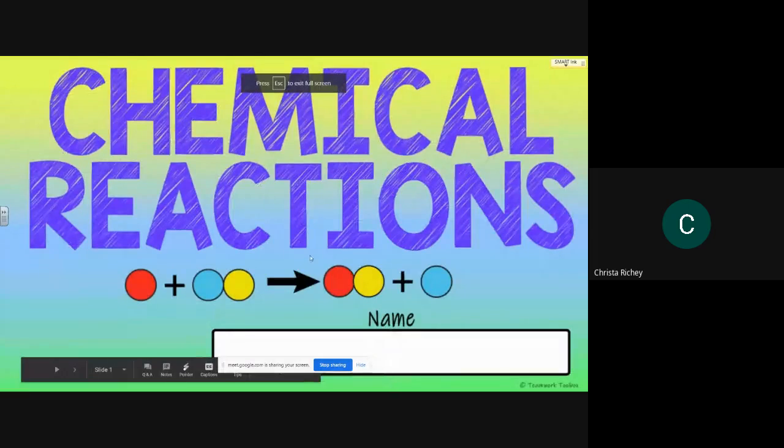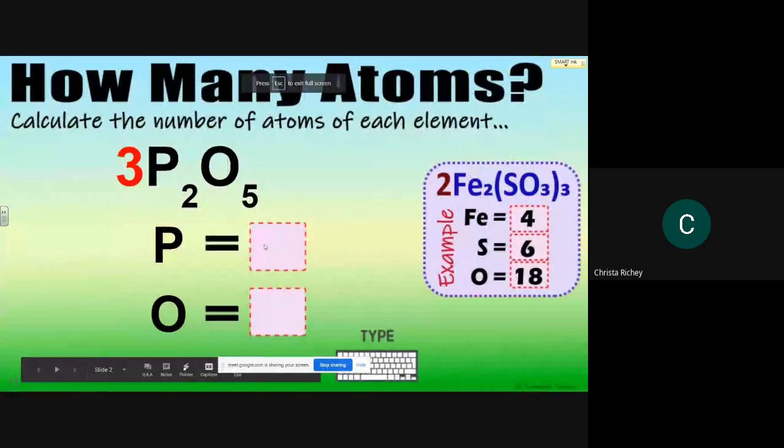Okay, and then I know that I have to show this to you in presentation mode, which means if I click, it goes forward. This is exactly what we just did. Now they just gave you an example over here on the side. So the iron originally had 2, but it was 2 times 2, which was 4.